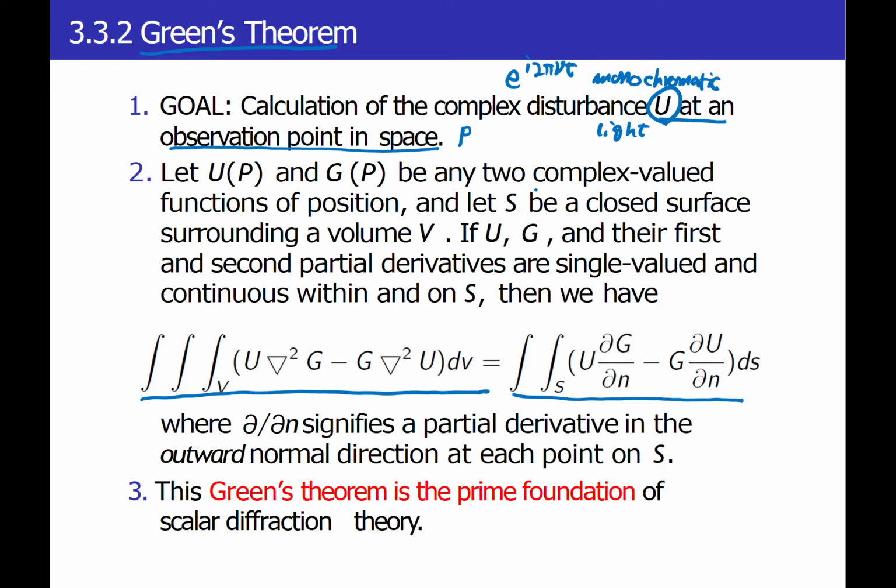And then here's the very interesting situation. Let u and g be any two complex-valued functions of position, and let S be a closed surface surrounding a volume V, with a position P inside. If U, G, and their first and second partial derivatives are single valued and continuous within and on S, then we have this relationship.